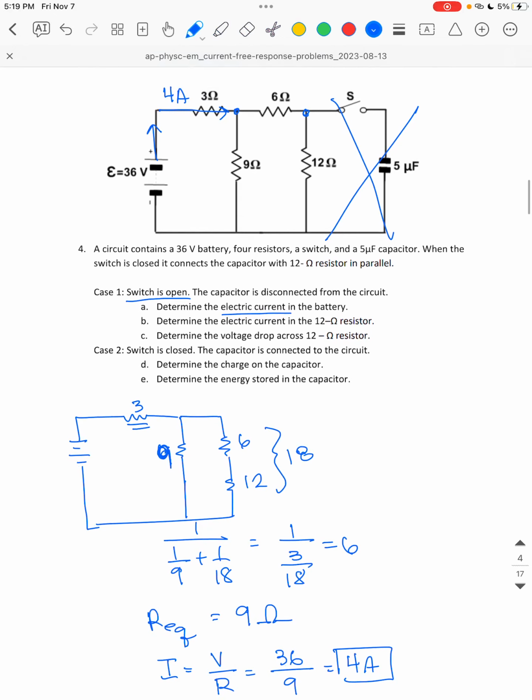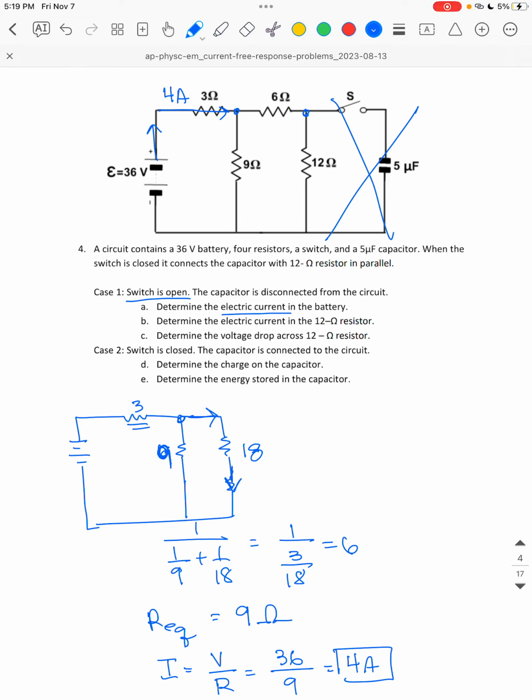So what I'm going to do is analyze this scenario as 9 and 18, because I want the current through 12, which is this guy right here, and the voltage through 12. If I can find the current through this branch, I will be able to get the current through 12.